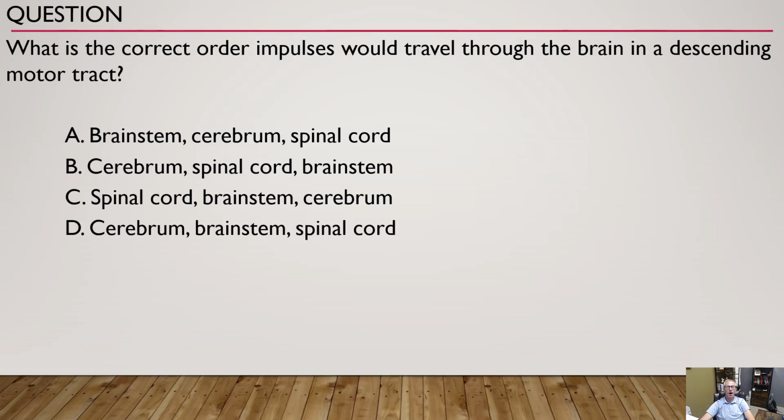All right. What is the correct order impulses would travel through the brain in a descending motor tract? Now we know that we're going from the brain to the spinal cord.